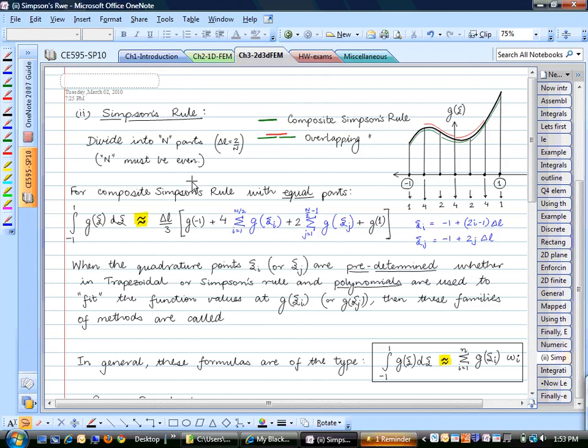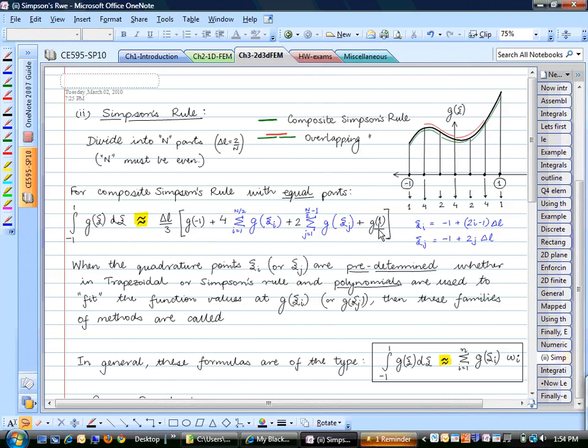If you use this kind of rule, it is called the composite Simpson's rule, because you have divided your interval up into many different parts. Your formula for the integral can be approximately expressed as delta L over 3, where again delta L is this, times the value at the two end nodes, -1 and +1.